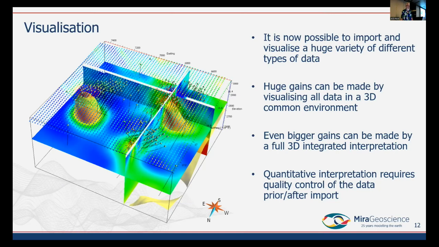So it's not a solo effort. It's not enough to put a magnetic image in your project and say, yeah, I used the magnetics, because that's a very token effort to just be looking at a single image of magnetic data and not squeezing the last drop of juice out of it. And that applies to every single data set that you would put in your project.